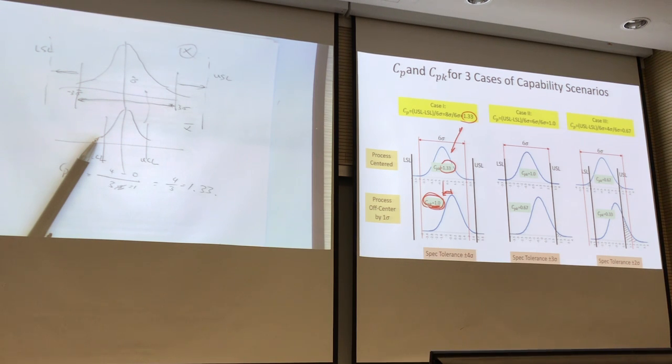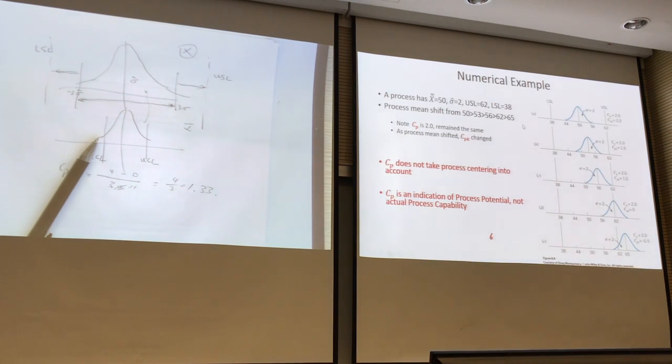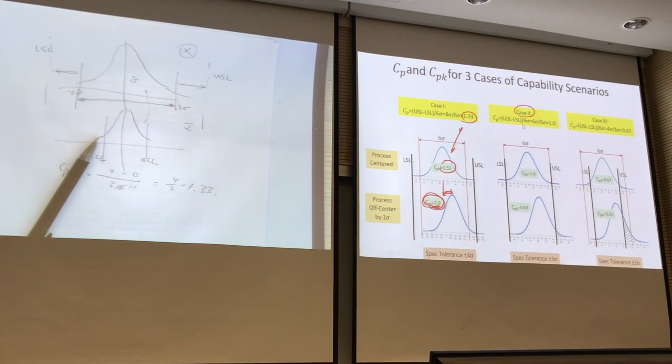Now case 2, the spread and the specification tolerance are the same. So CP is 1. When you center and calculate, CPK is equal to 1 as well. This one is easy, because CPU is equal to CPL, same on both sides.